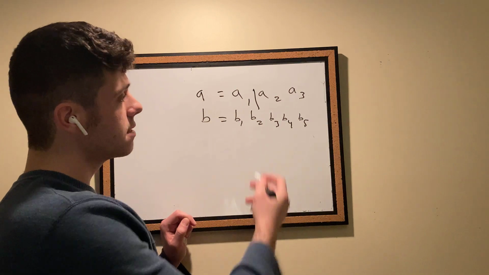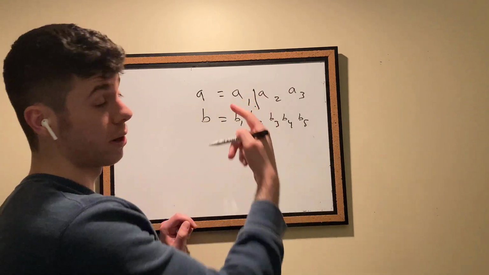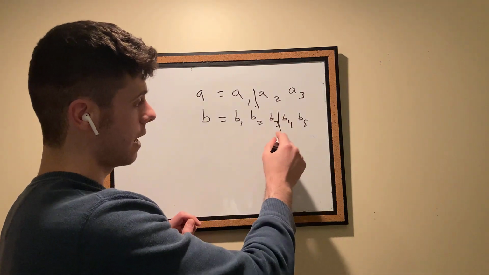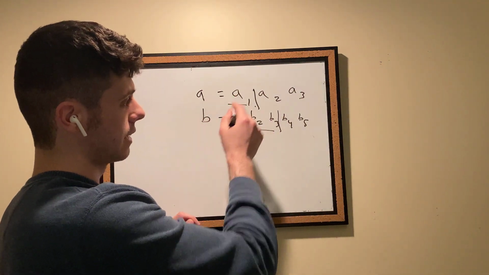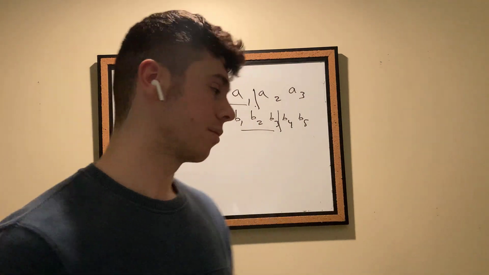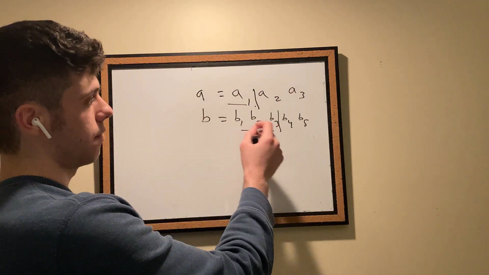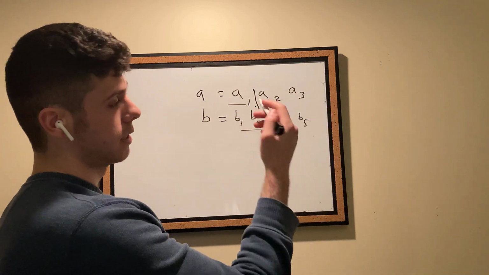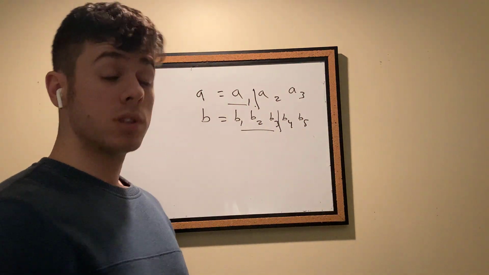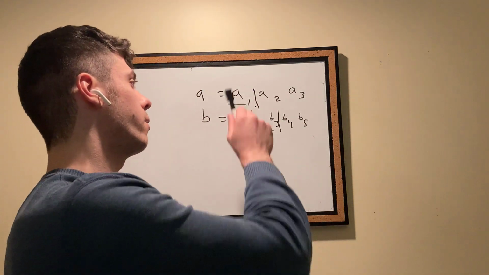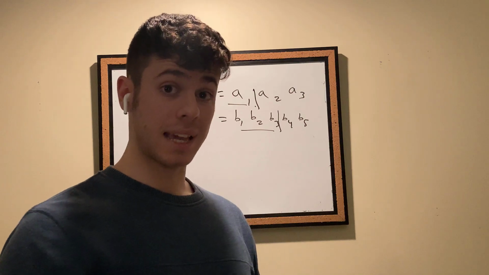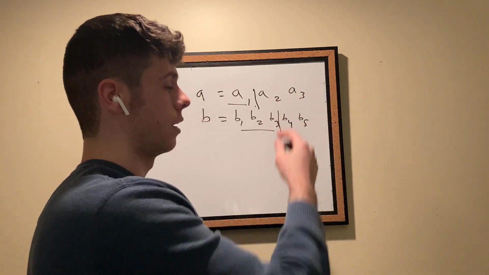Because I have one element in the left half, I need to partition this array here and have 3 other elements in the left half, because remember, you want 4 in the left half and 4 in the right half. So now we have 4 in the left half, A1, B1, B2, B3, and then A2, A3, B4, B5 are in the right half. The most important part is that A1, B1, B2, B3 must all be less than the elements in the right half.